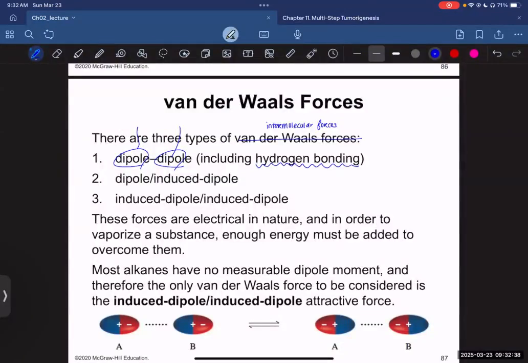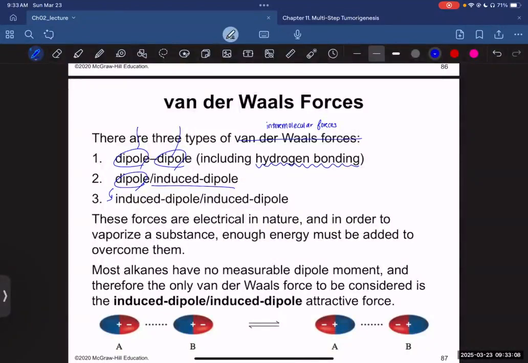Now, the second type of intermolecular force is when one molecule has a dipole and the other is induced because of the presence of this polar molecule nearby. As a result, it's a weaker type of interaction compared to dipole-dipole, but it is stronger than the third type, which is the induced dipole-induced dipole.